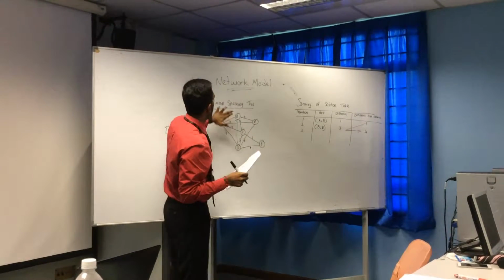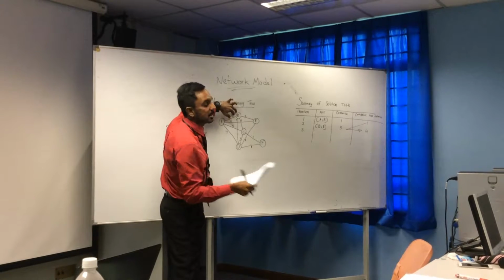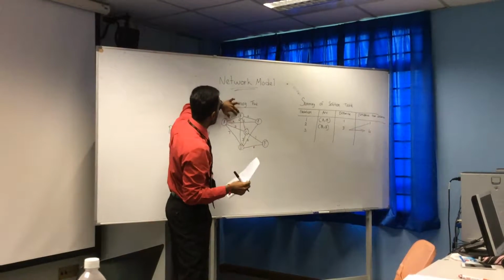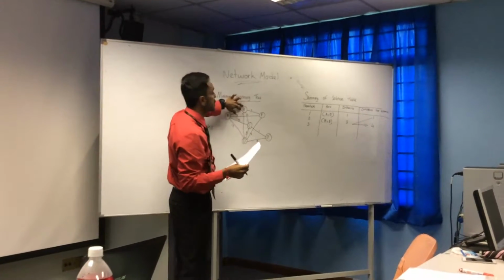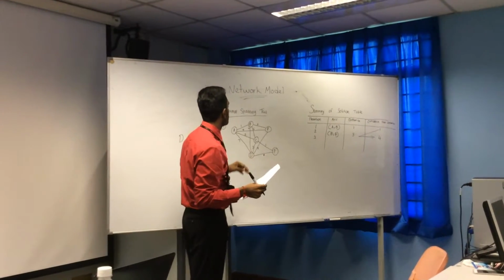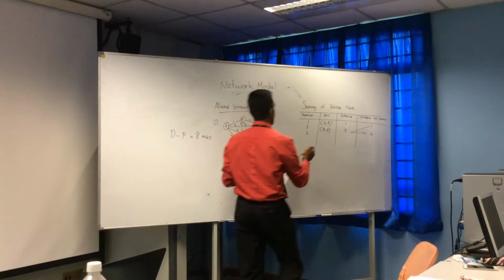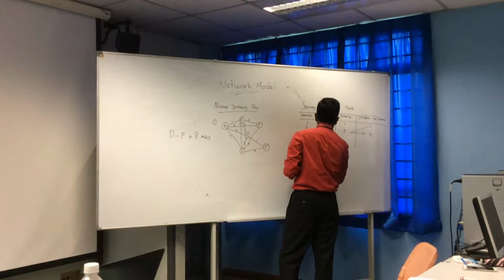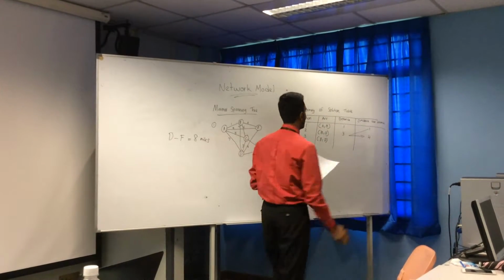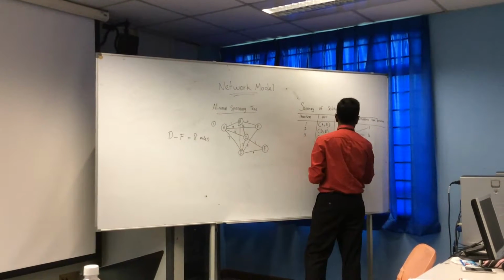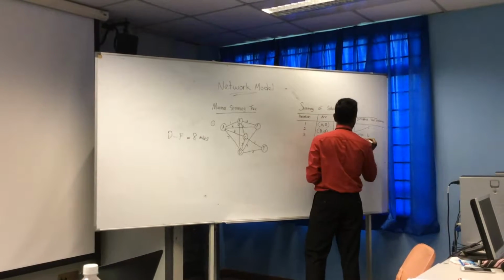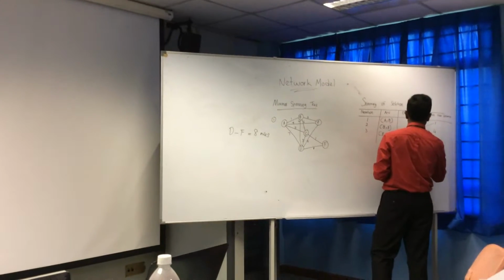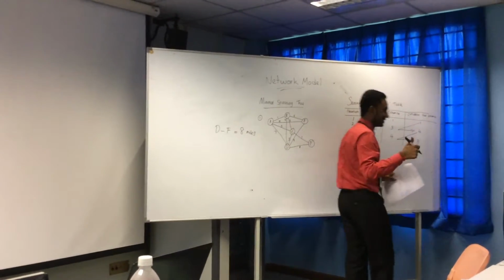You can take from the nodes that you have traveled before this. What is the smallest value, 4 or 6? 4, so it's going to B, and the distance is 4, cumulative 8.